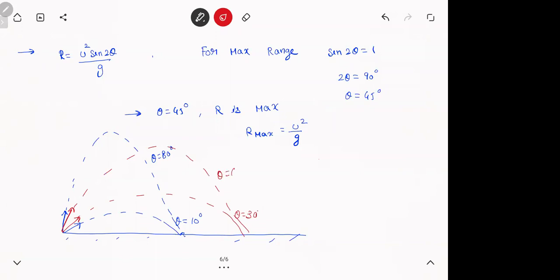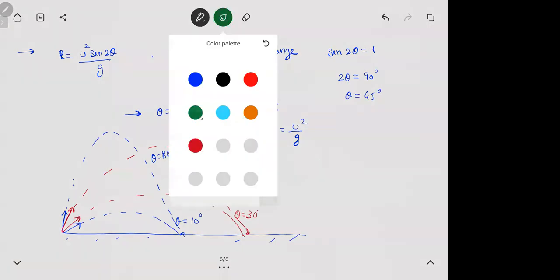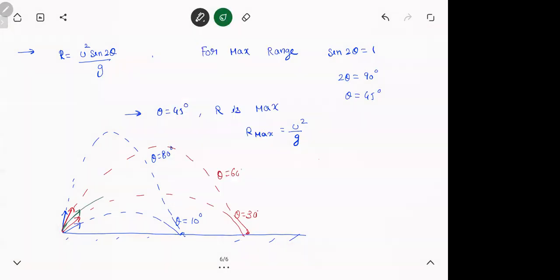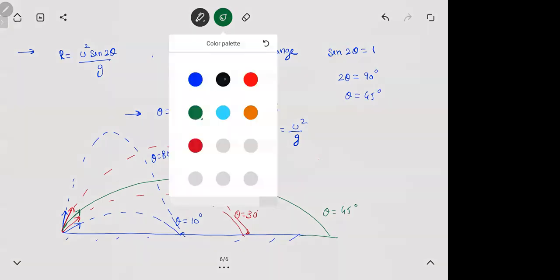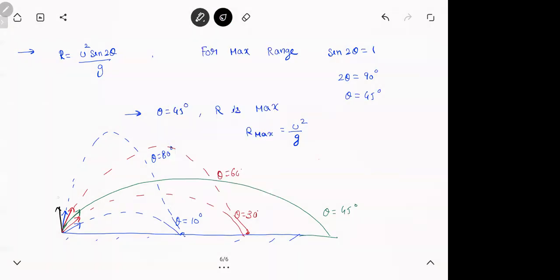This is 60 degrees. 30 and 60 will give you again the same range. They'll go to different heights. This is your 45. So 45 goes the farthest. And this is obvious anyway. If you throw straight at 90 degrees, you'll just go straight. So 90 will give you the maximum height, but range is 0.